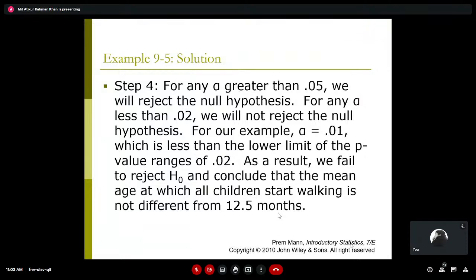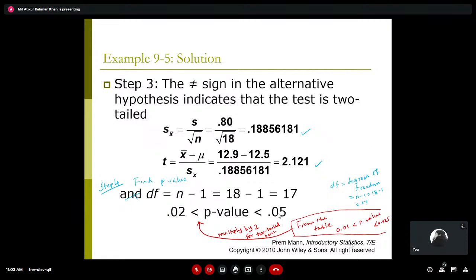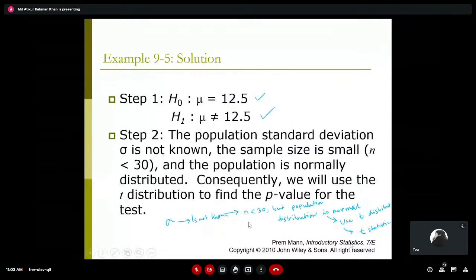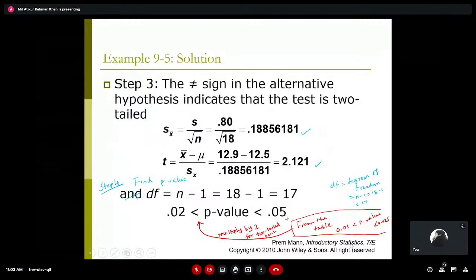Yeah, the highest value in the range. So the upper range in the probability is 0.05. We can see that alpha is less than that. Alpha is falling within this range too.